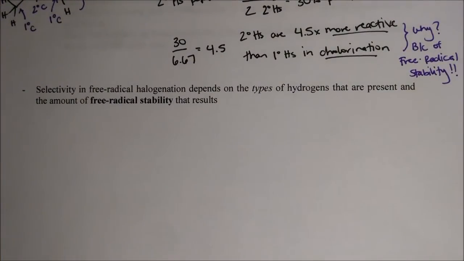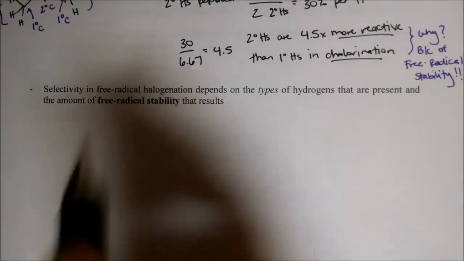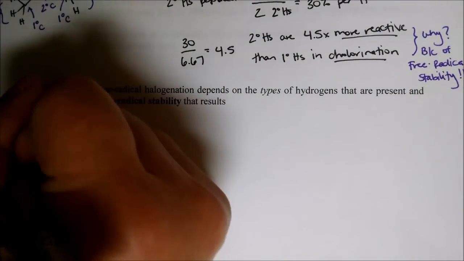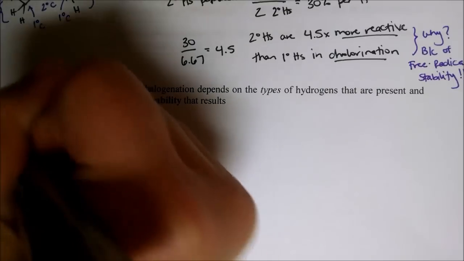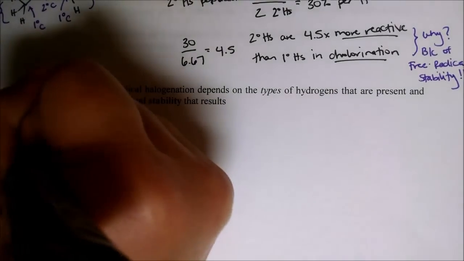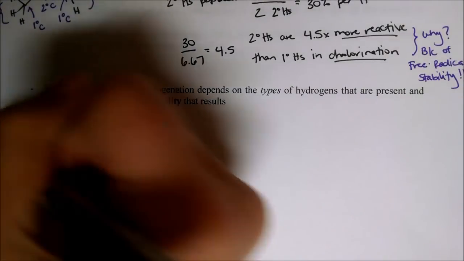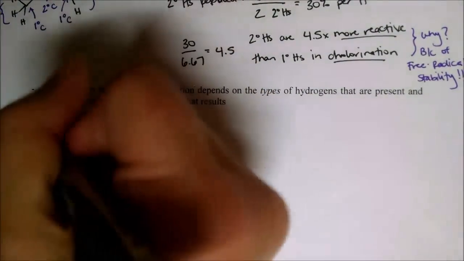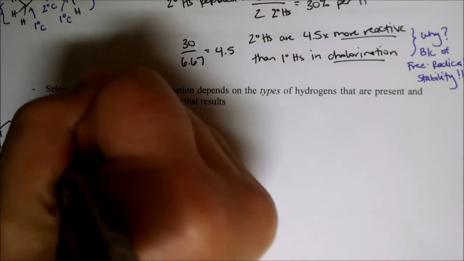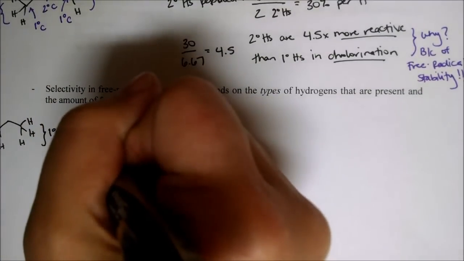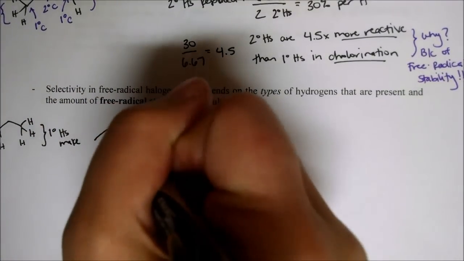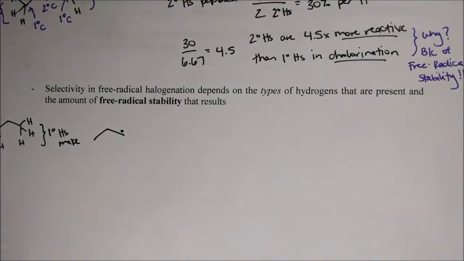Okay, so let's think about those intermediates and what they look like. If we again consider the different hydrogens in propane, we have our primary hydrogens, and so when they react, primary H's make this type of radical right on the end.